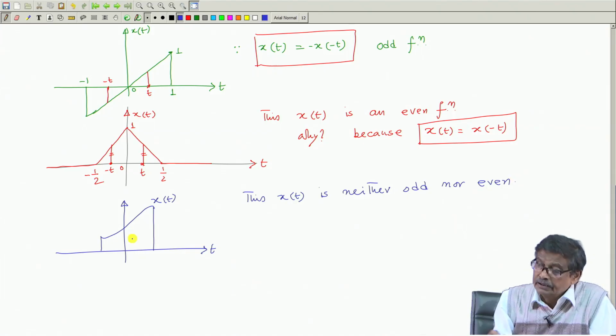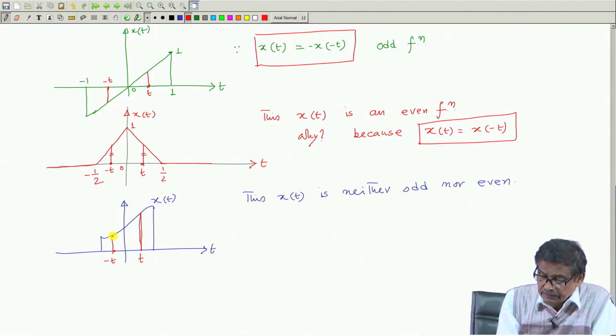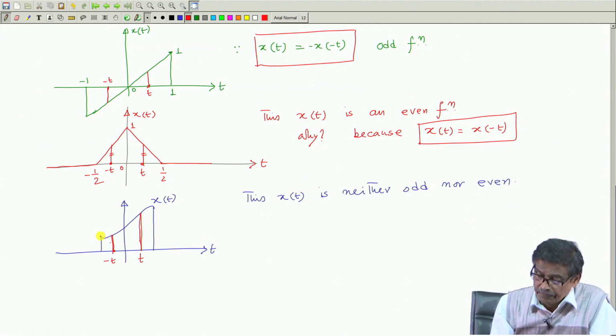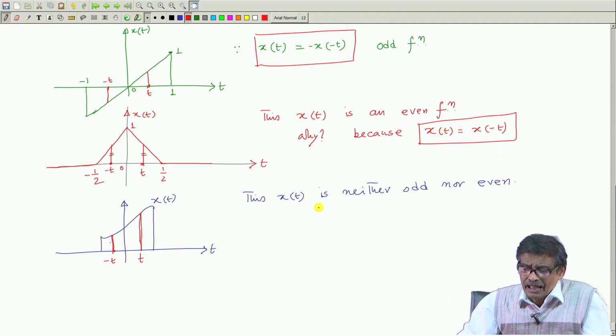Why? Because it does not satisfy this at t equal to t. Suppose any time you choose, this functional value at t is this, and at the corresponding negative time the value is not equal to this side. So, it is not odd, because the negative of that should come, but it is not coming. And similarly, x(t) is not equal to x(minus t). Therefore, this function is neither even nor odd, and most of the functions will be like this in general.